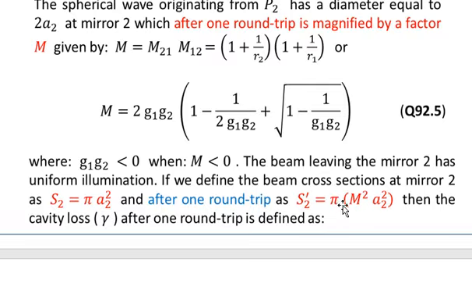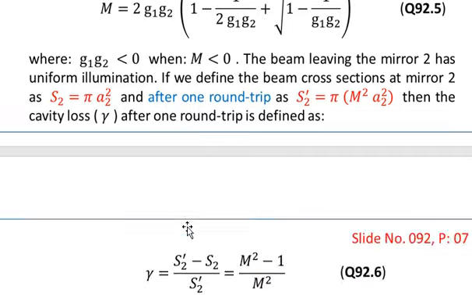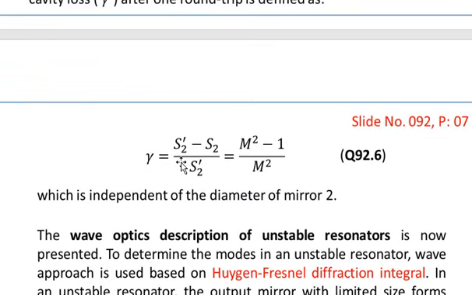So S2 prime is the area of the field at the location of mirror 2 when it completes one round trip. That is, it goes towards mirror 1, is reflected by mirror 1, and then reaches the location of mirror 2, and the area of that spot is S2 prime equal to pi times m square multiplied by A2 square. Then the cavity loss gamma after one round trip is defined as gamma equal to S2 prime minus S2 divided by S2 prime.